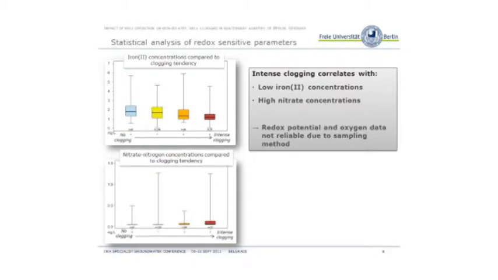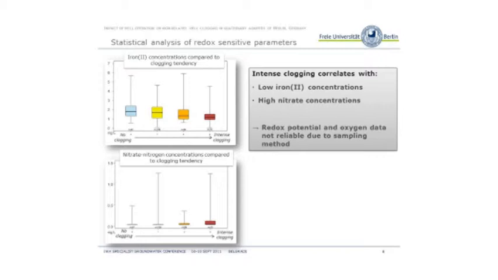If we then take a look at the hydrochemical parameters, especially the redox sensitive parameters like iron as well as nitrate, oxygen, and the redox potential, I only show iron and nitrate because the redox potential and the oxygen data were not really reliable and suitable for our statistical analysis due to the sampling method.